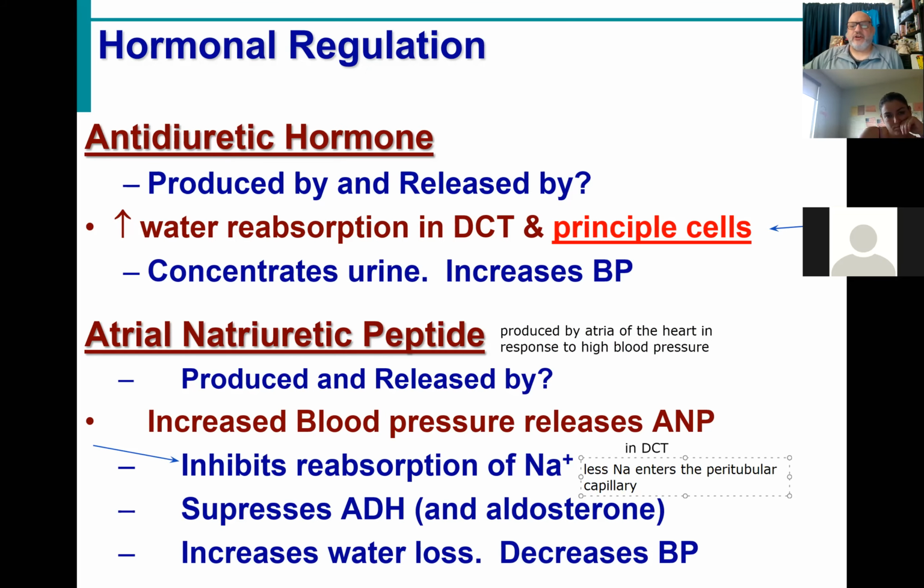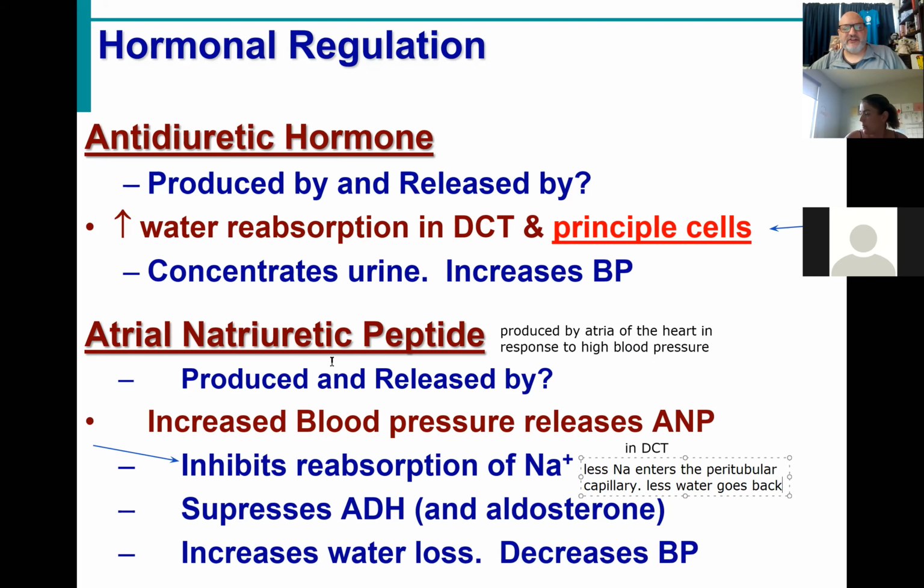And of course, as we know, where less sodium goes, what follows sodium all the time? Water. So if less sodium comes back, then obviously less water goes back as well, allowing us to increase the volume of our urine, get rid of water and lower our blood pressure.